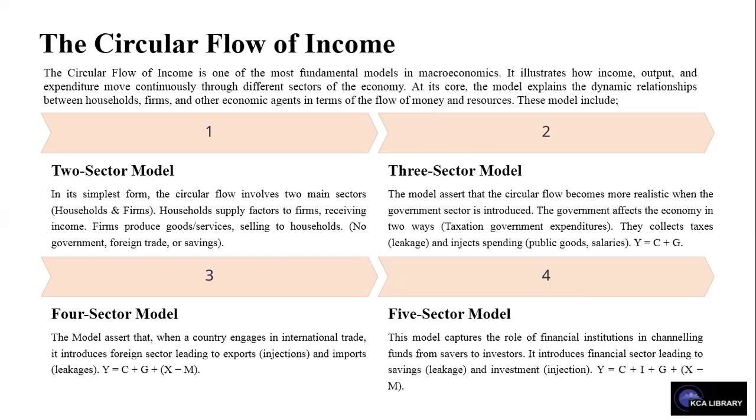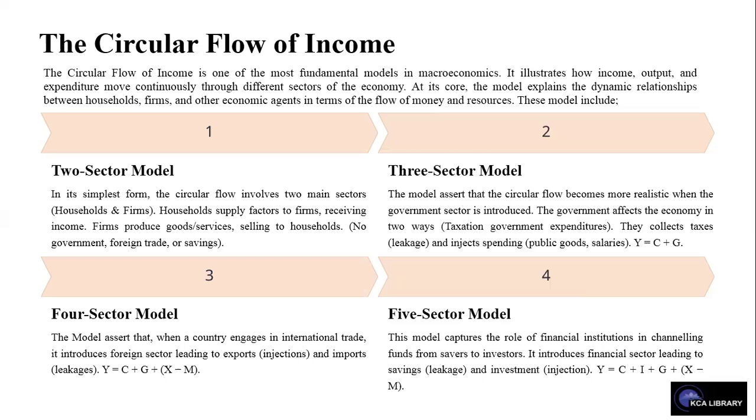And the second one is the three-sector model. Under this, the model asserts that the circular flow becomes more realistic when the government sector is introduced, and the government affects the economy in two ways, in terms of taxation and government expenditure.